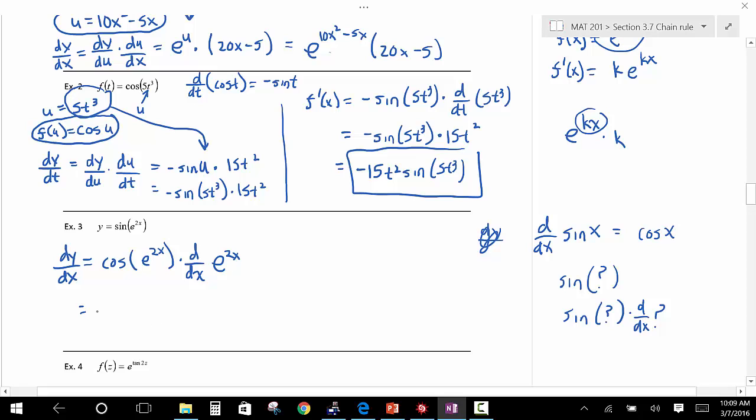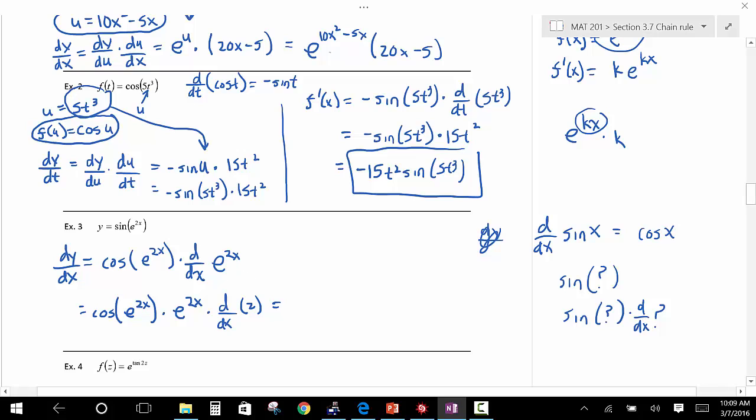Well, let's do this. So what we're going to have is cosine of e to the 2x. Now technically you would do a chain rule again on this. So the derivative of this is what? E to the 2x times the derivative of the exponent. Technically, you're doing a chain rule again, because all you know is the derivative of e to the x is e to the x. This is not the derivative of e to the x. This is e to something else.